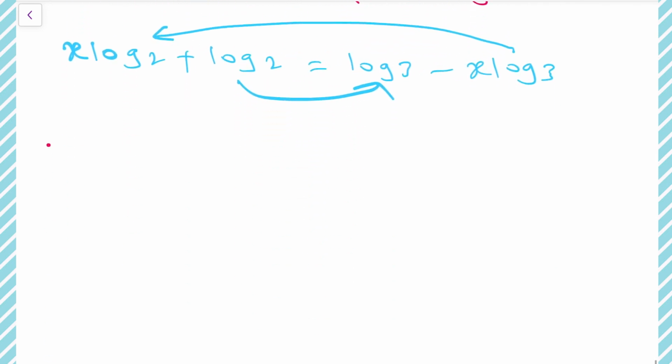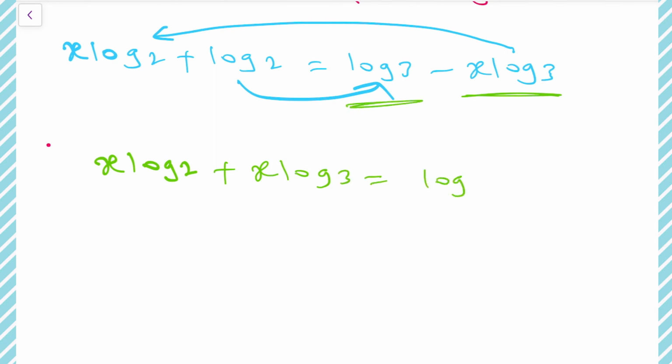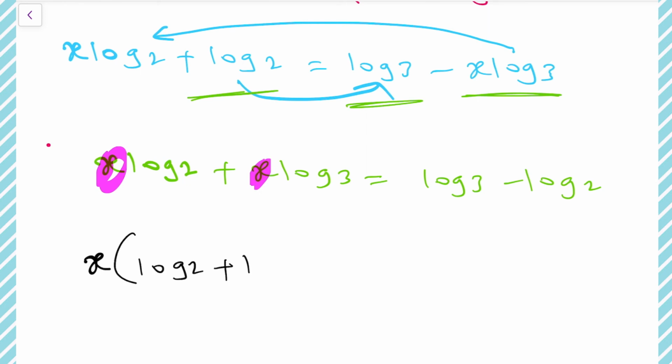So what we will get then? x log 2 as it is, minus x log 3 will become plus x log 3, which equals log 3 as it is. This plus log 2, if you take to the other side, it will become minus log 2. Now from the left side, here x is there, here also x is there, so we can take out x common. Then we remain with x(log 2 + log 3) = log 3 - log 2.